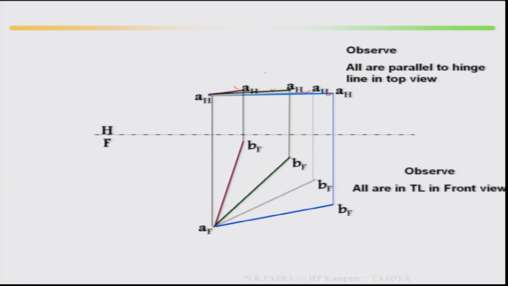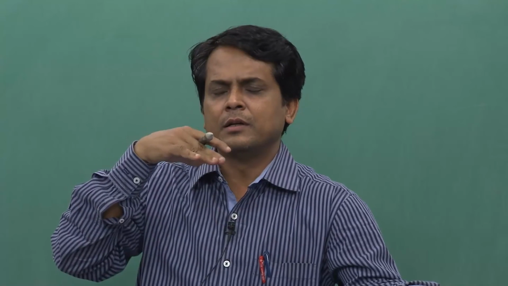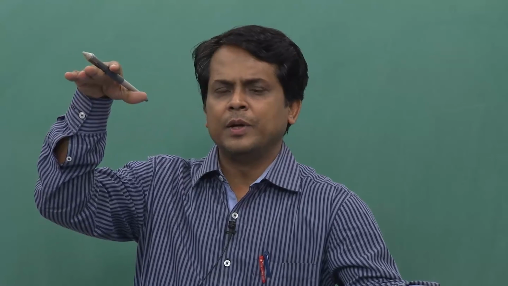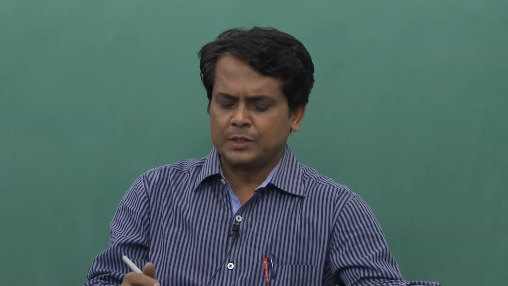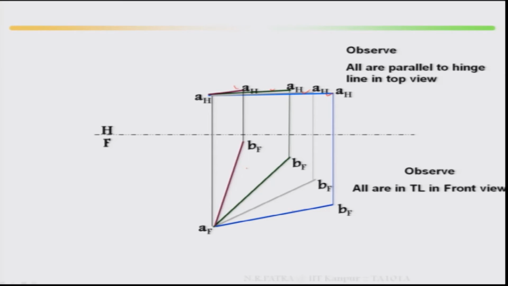Then observe that all are in true length in your front view. That means if a line in one view is parallel to the hinge line, then in the opposite front view these are all true length, because they are parallel to your hinge line.